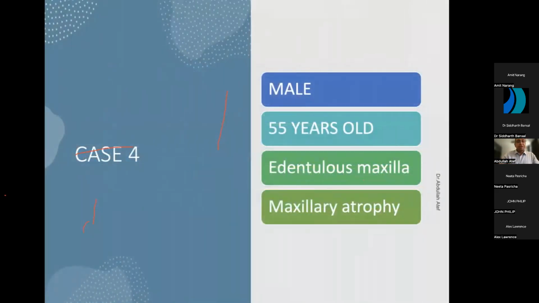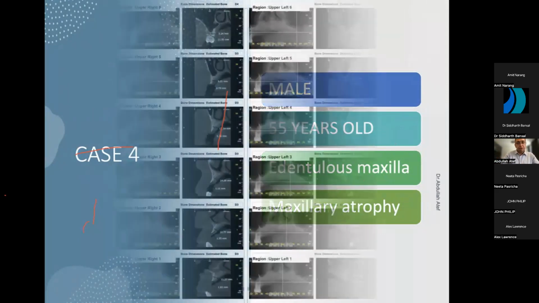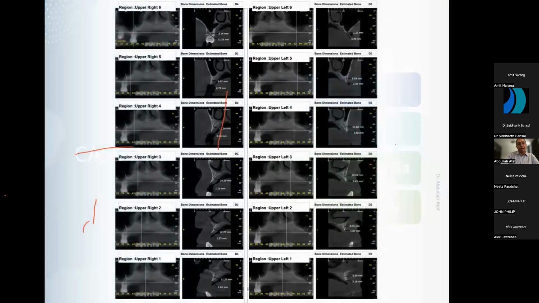Another case, which is a male patient, 55 years old, complaining of edentulous maxillary atrophy with a partial edentulous mandible. He has a partial edentulous mandible, but actually here the challenge was the maxillary atrophy.